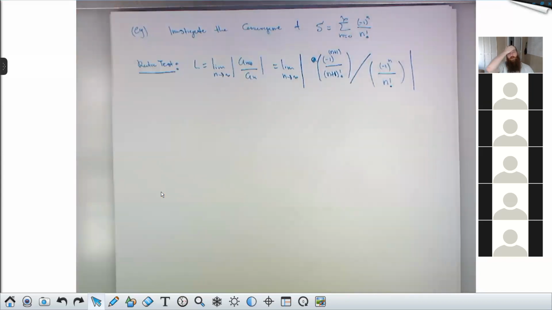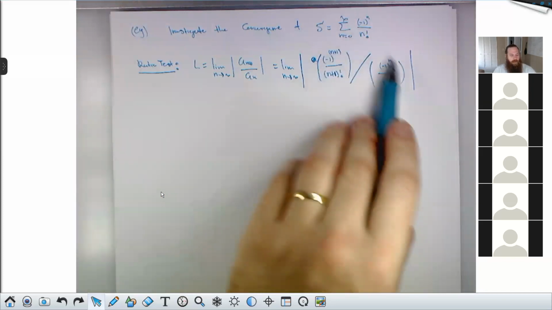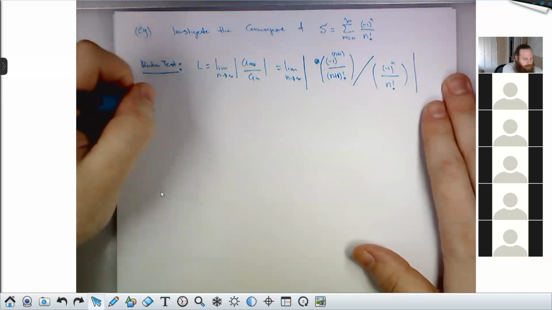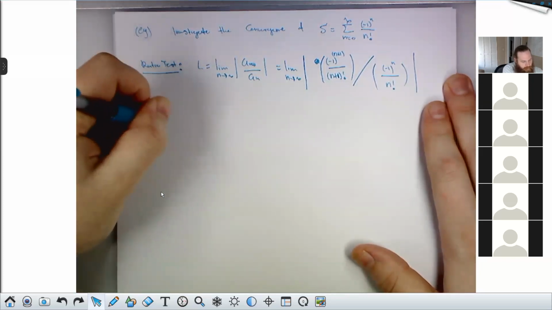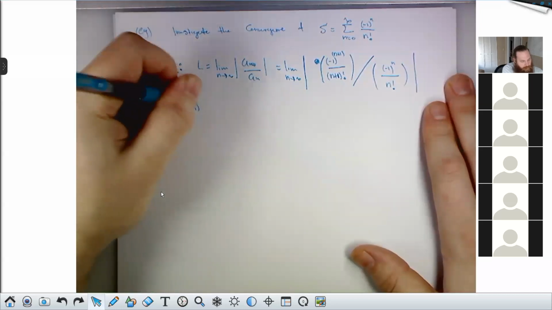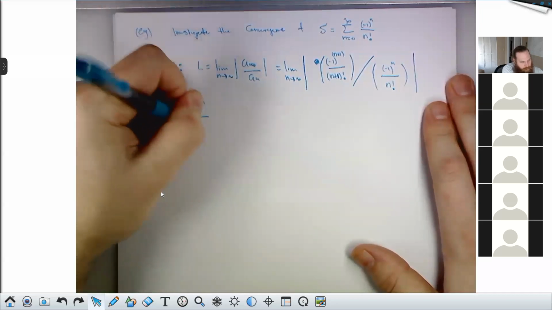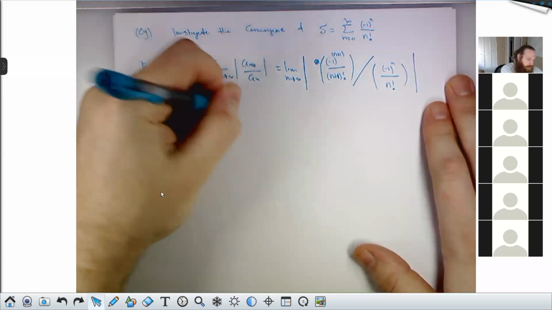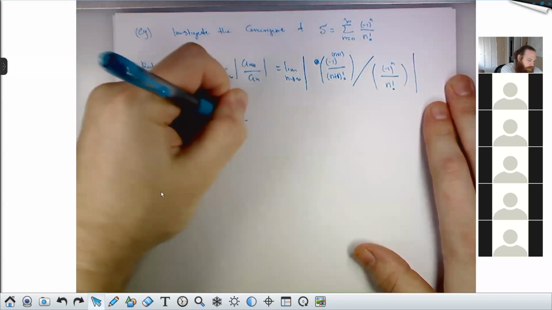And initially it looks scary, but things clean up really nice. I'm taking this fraction and dividing it by this fraction so I can leave the first guy alone, flip and multiply the second. And I get absolute value, -1 to the n plus 1 over n plus 1 factorial times n factorial over -1 to the n.